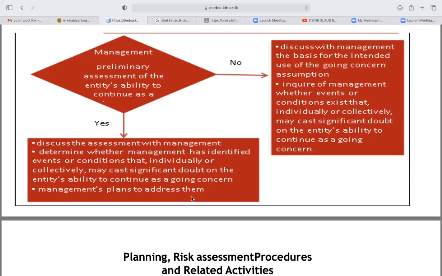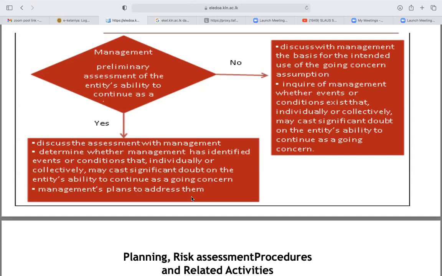So if yes, the company can go for the foreseeable future, then as an auditor, what do we need to do? We need to discuss the assessment with management, how this assessment was done. In that scenario, that foreigner said that it will continue up to 30 years, right? එතකොට මම ඔළුව වල හා කියන්නේ, right? I need to check and discuss how he is saying this. What is the rationale behind that?